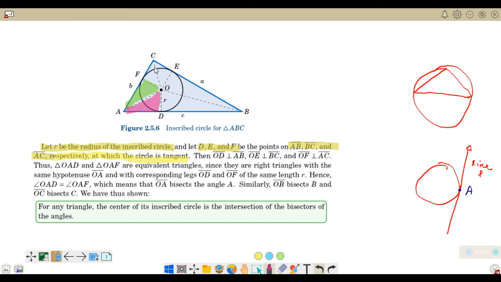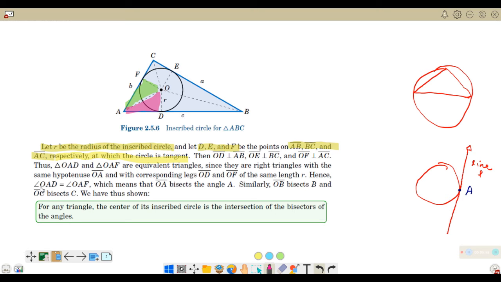We have OC, which is common to both of them. OF and OE are radii of the same circle, so they are also congruent. Therefore, CE and CF are also congruent. So remember, for triangles, we only need two congruent sides to conclude that the third side is also congruent. Are you following? Hopefully. That is all this is saying.